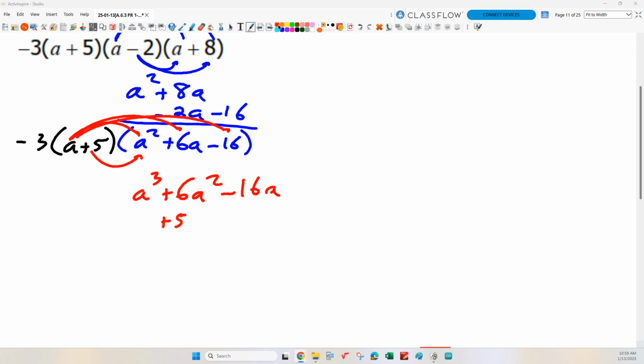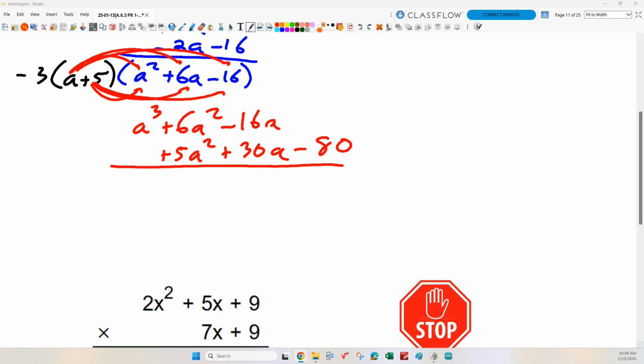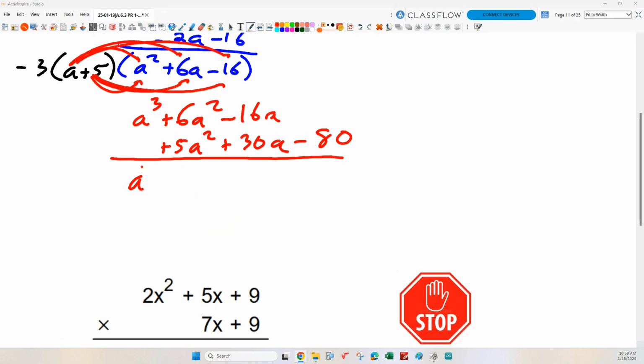Plus 5a squared plus 30a minus 80. Add all that stuff up. We got a cubed. How many a squareds? 11. Good. Negative 16 plus 30, 14.